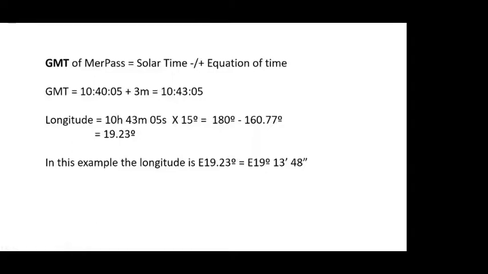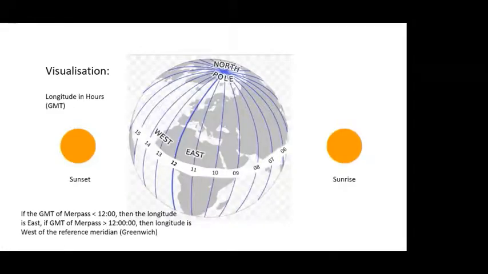Let's visualize this quickly. Once again, we go to the Earth. We know that the longitude can be measured in hours. Here you see the Earth with the meridians in accordance with the hours as measured on the clock. 12:00 is on GMT, or the reference meridian. 13:00 is to the west of the meridian. 11:00 is to the east of the meridian.